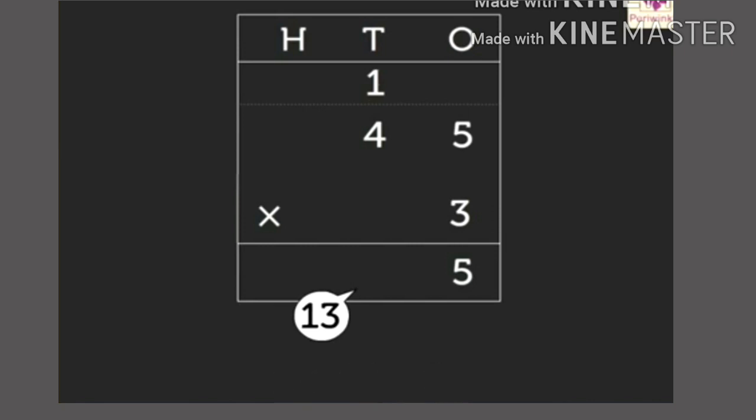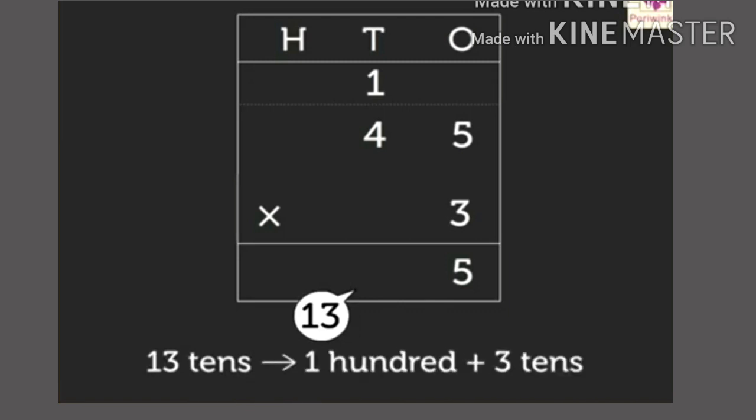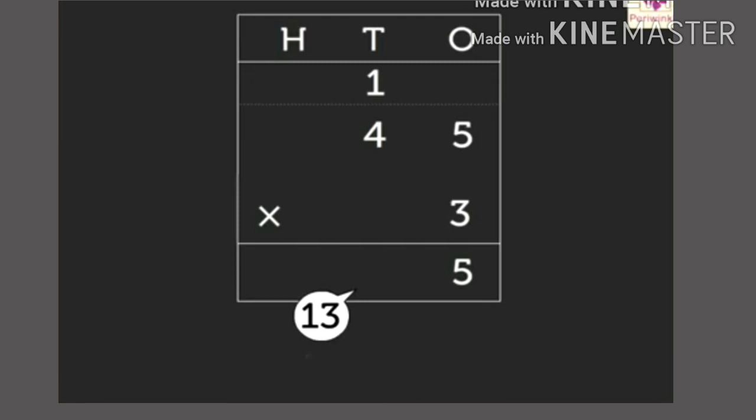Now let us regroup the number 13. 13 tens is equal to 100 and 3 tens. Okay. So we can write 3 in the tens place and 1 is written in the hundreds place. So, we have got the answer as 45 into 3 is equal to 135. So, that's it children.